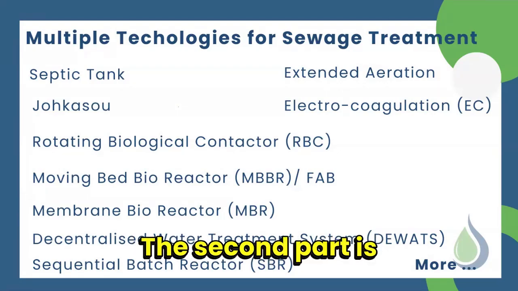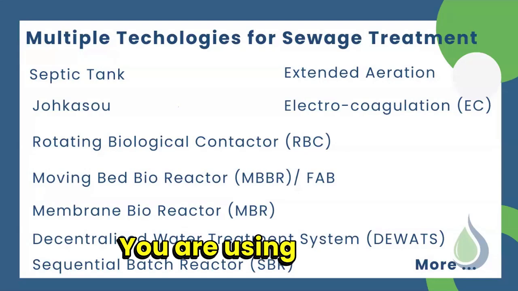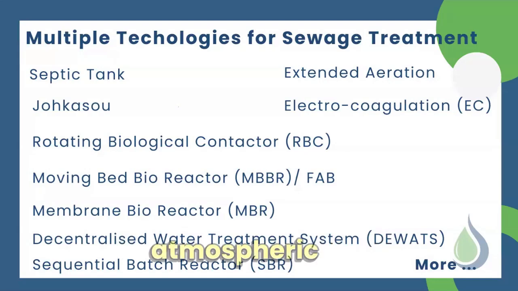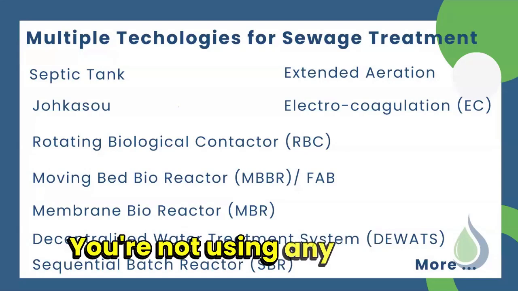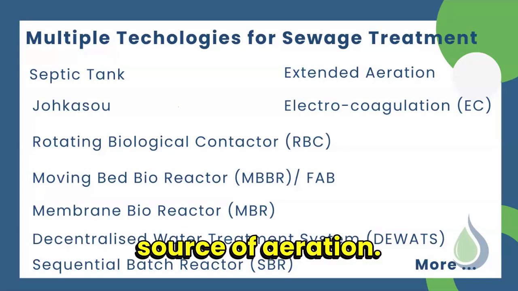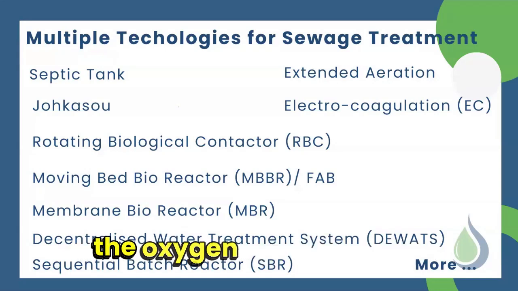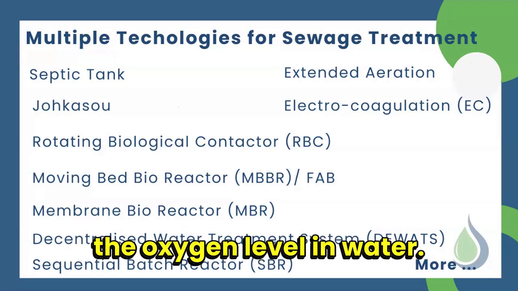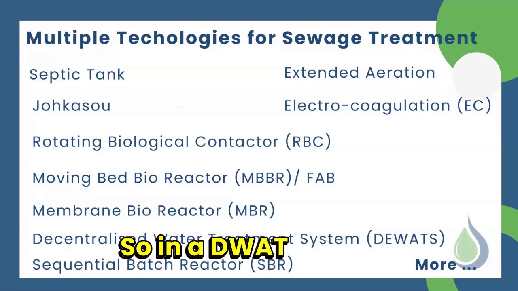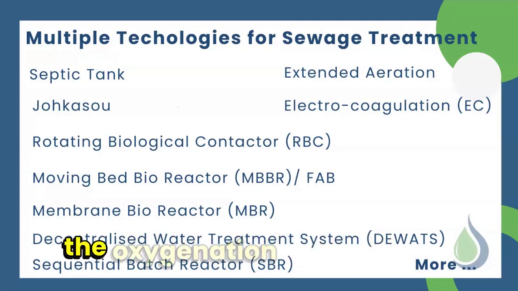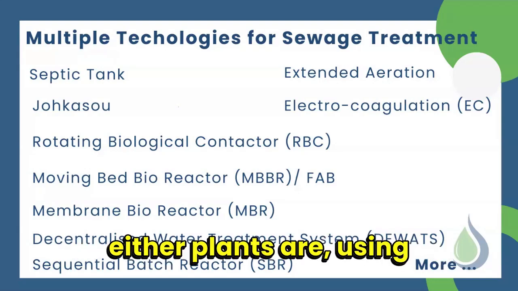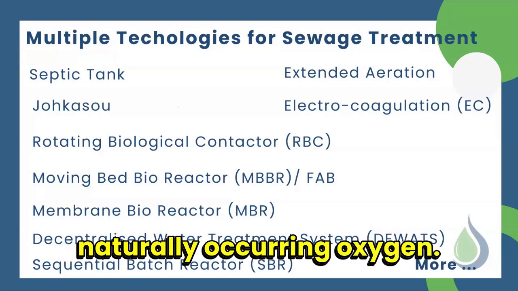The second part is extended aeration. You are using natural atmospheric air. You are not using any external source of aeration. And you might also use certain plants which increase the oxygen level in water. So in a DEWAT system, the second part of the oxygenation is done using either plants or naturally occurring oxygen.